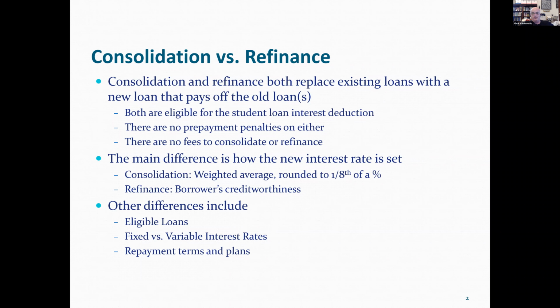The repayment term and repayment plans may differ. This is especially important with a private refinance because a fixed interest rate on a private refinance will tend to be lower if the repayment term is shorter. So you will have a lower fixed rate on a 5-year term than on a 10-year term.